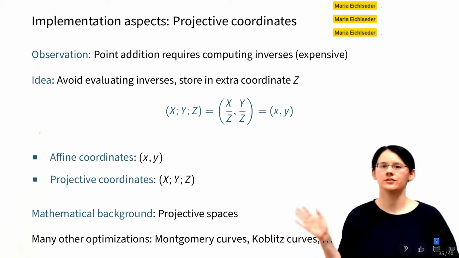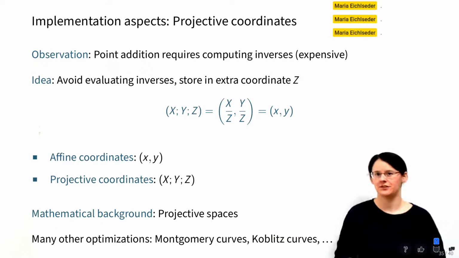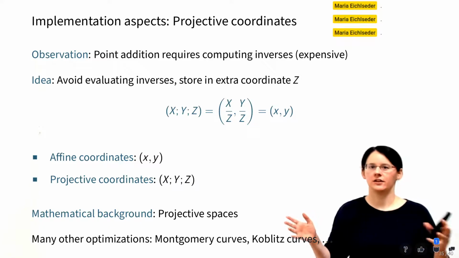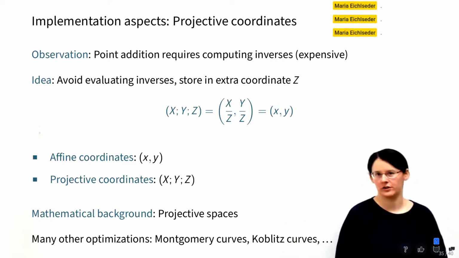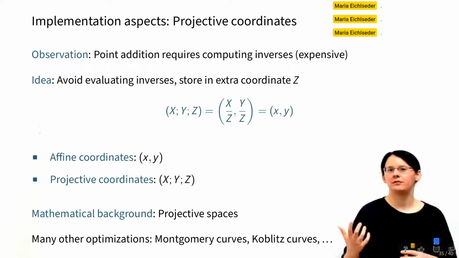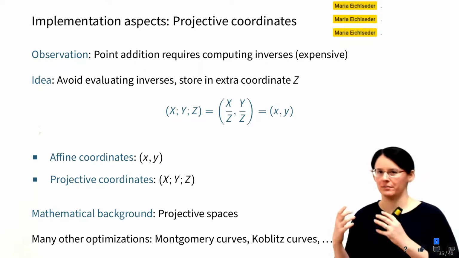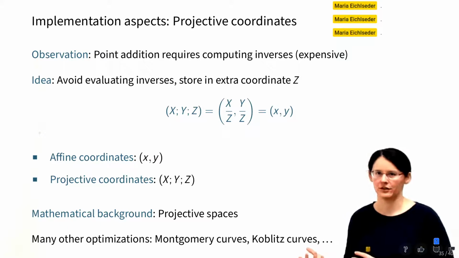There are tons and tons of other optimizations that you can do. Many of them have names like curves, like there are Koblitz curves and Montgomery curves and Edwards curves and whatnot. They're all different sorts of things. Some of them describe a particular mathematical property that a curve has.